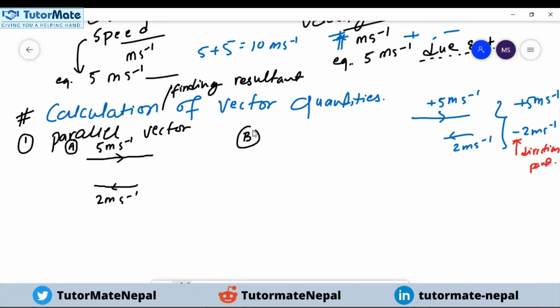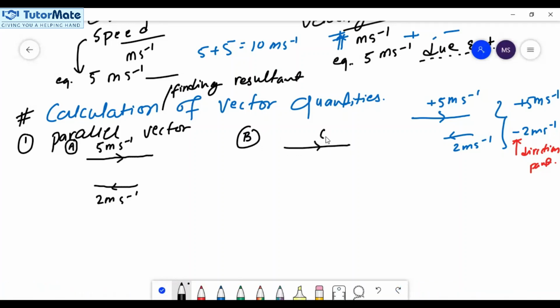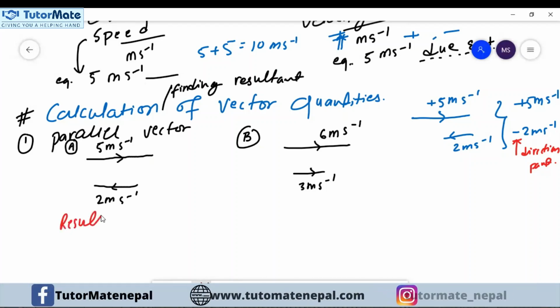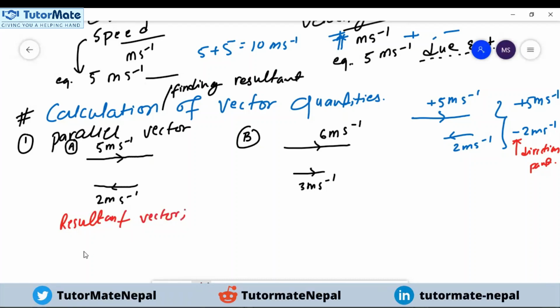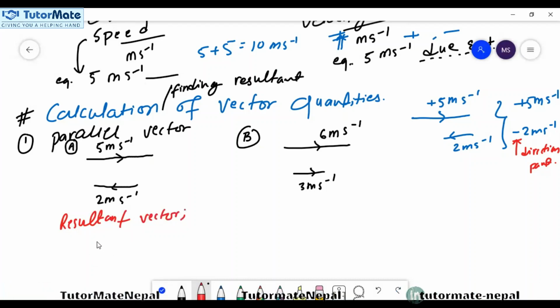There's a case B also, where this is 6 meter per second, again in the same direction, and this is 3 meter per second. Then the resultant vector for the first case would be 3 meter per second in this direction.